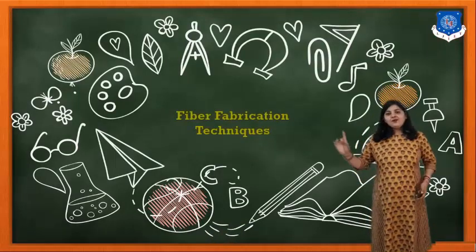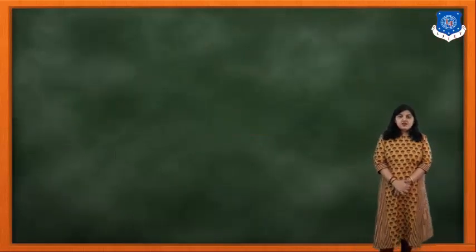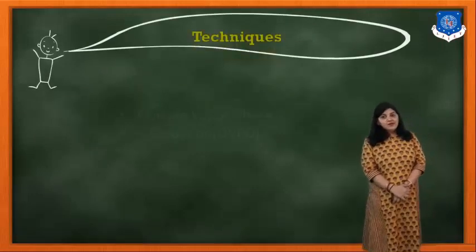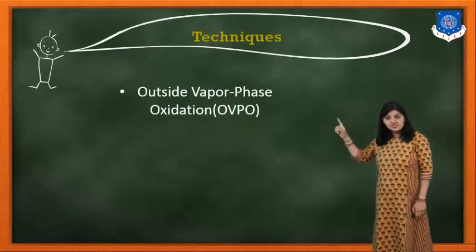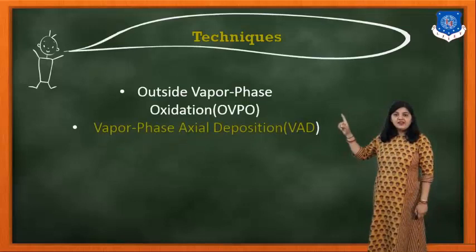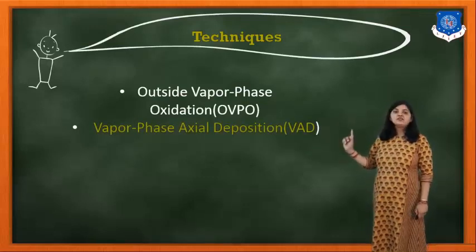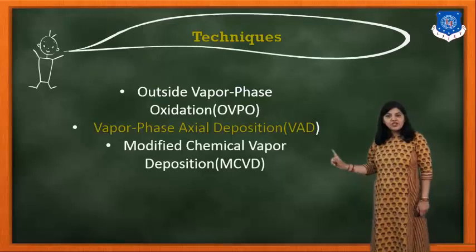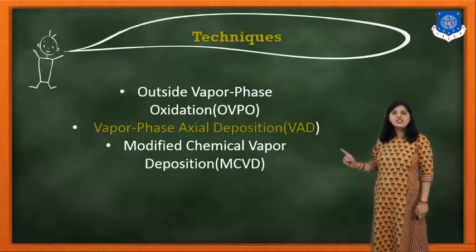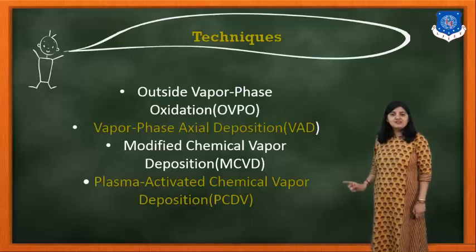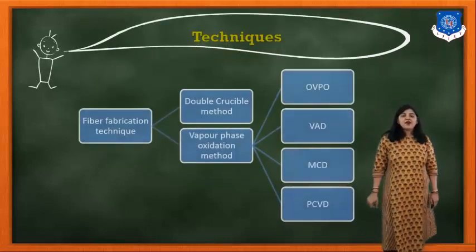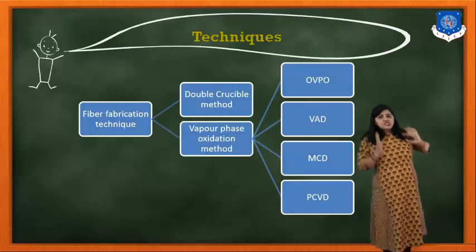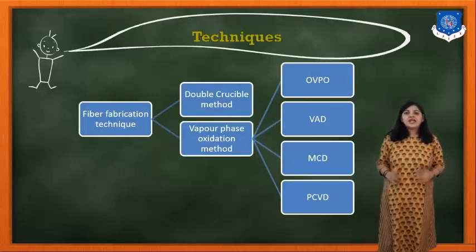Now friends, fiber fabrication techniques. Normally the fiber fabrication techniques are outside vapor phase oxidation, OVPO, then vapor phase axial deposition, VAD, modified chemical vapor deposition, MCVD, and plasma activated chemical vapor deposition, PCVD. All these fiber fabrication techniques are first classified into two categories.